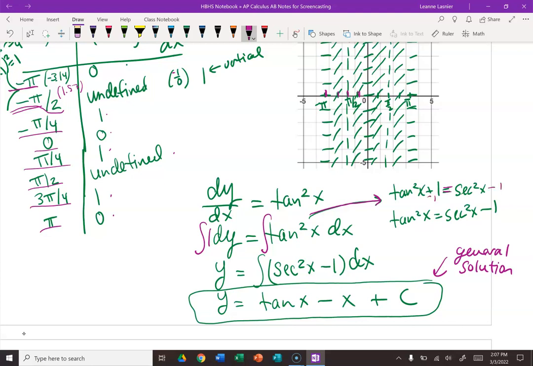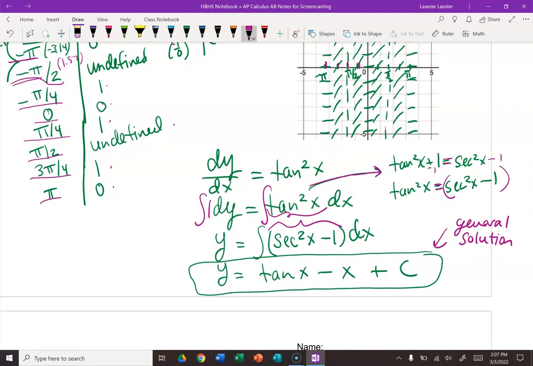And then if I subtract 1 from both sides, that tells me that tangent squared x is equivalent to secant squared x minus 1. That means they can be used interchangeably. So I can swap out the tan squared x for the secant squared x minus 1. And I do know the antiderivative of secant squared is just tangent, because the derivative of tangent is secant squared. And the antiderivative of 1 with respect to x is just x, and then plus c.